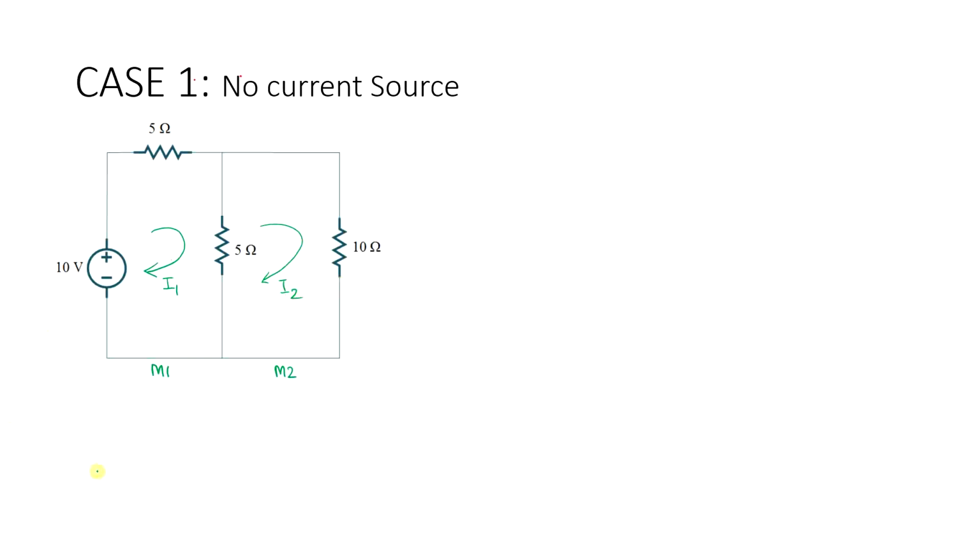Now you need to just apply KVL to these individual meshes. So I can write the equation as, for mesh 1, on applying KVL, 10 minus 5 times I1 minus 5 times (I1 minus I2) equal to 0. So this is my first equation.